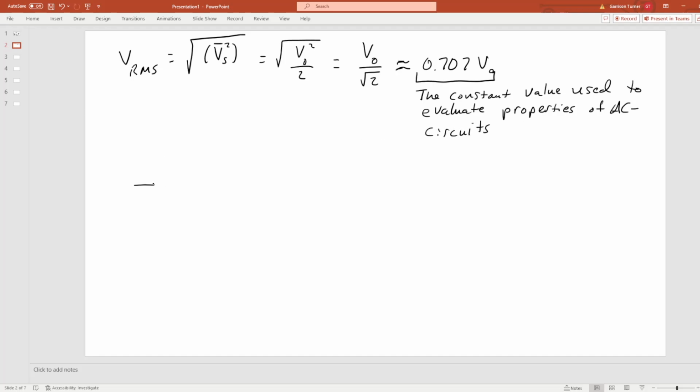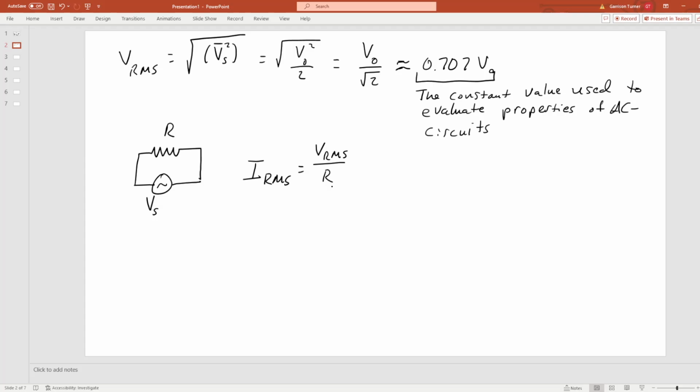So if we come back to this simple circuit with the AC source and with the resistor, then what we would say is that the RMS current is equal to our RMS voltage divided by the resistance. Okay, and so pretty much everything follows from this. Everything in our AC circuits follows from this.